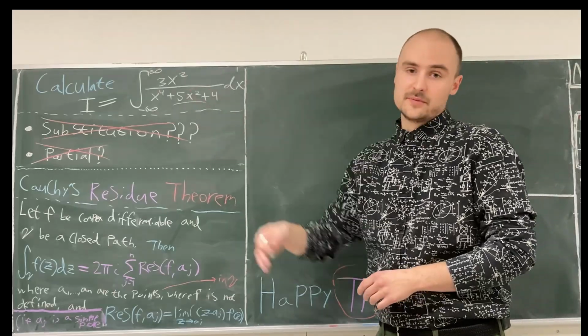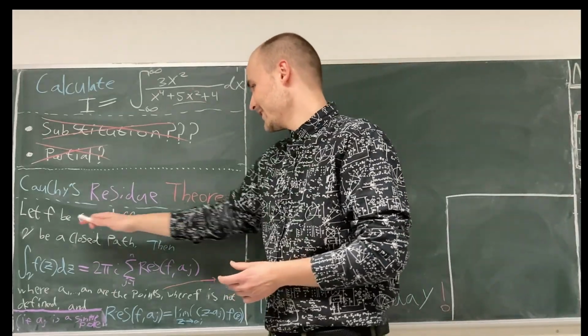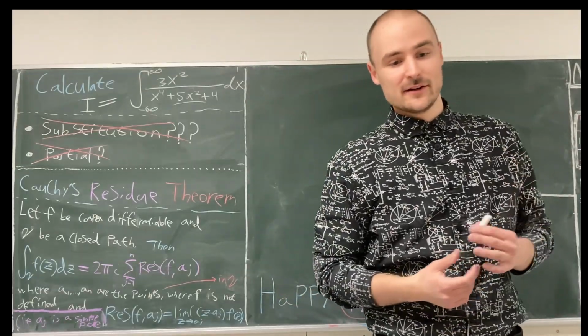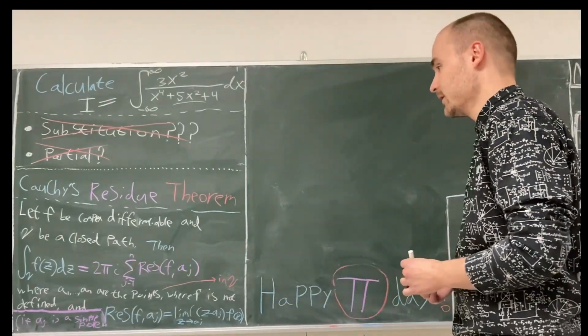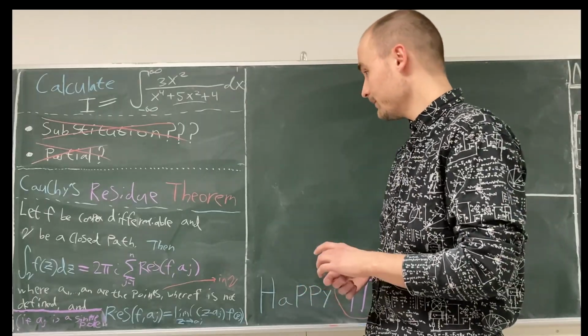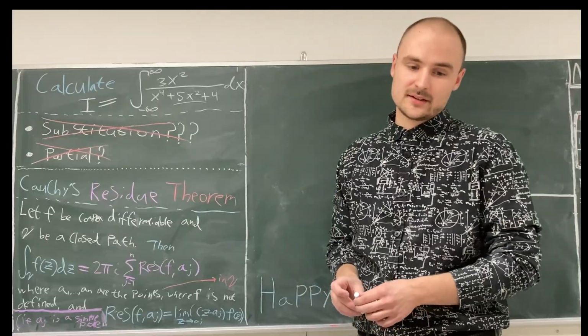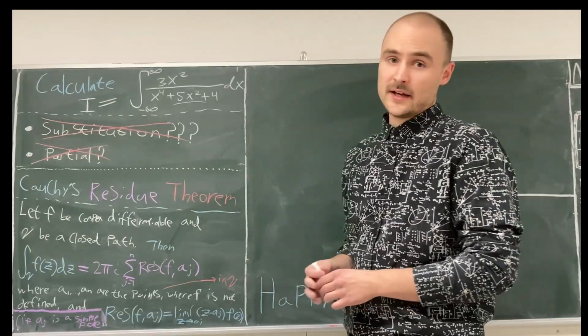So our function up here is complex differentiable. Okay. And we have a closed path gamma, and a closed path is going to be a continuous differentiable curve. And what makes it closed is that it has the same starting and end point.